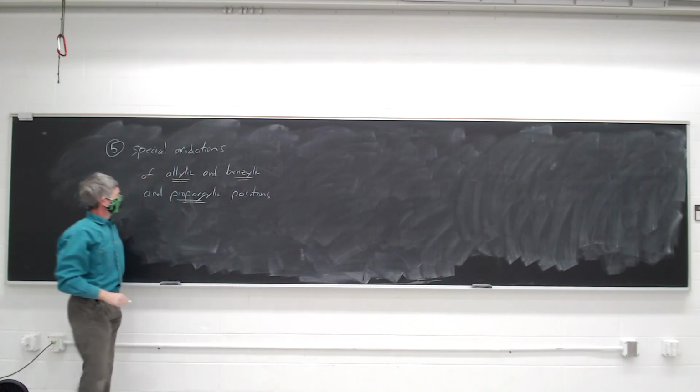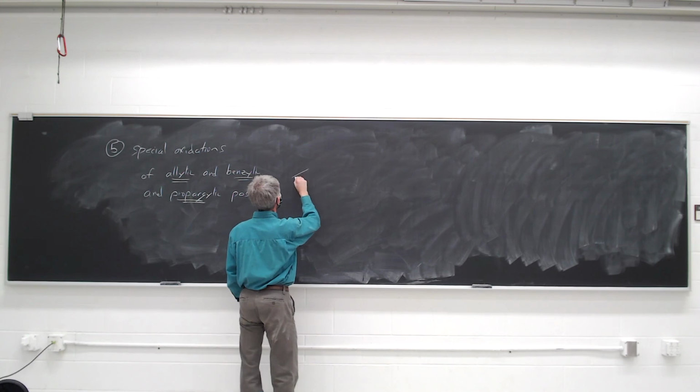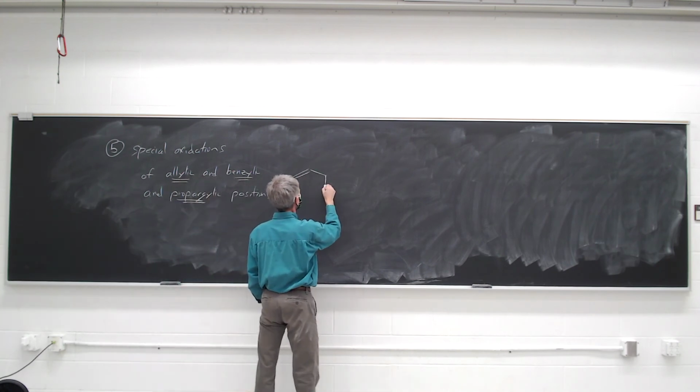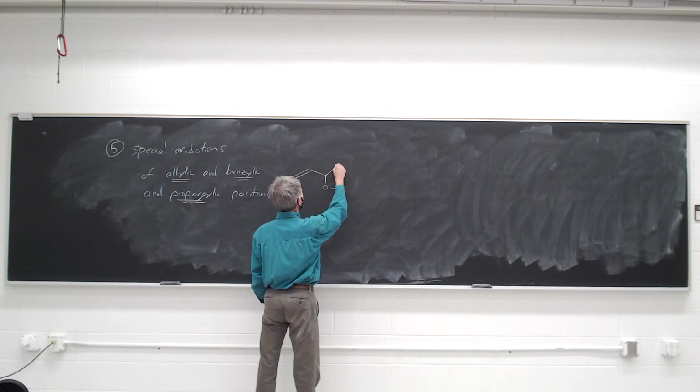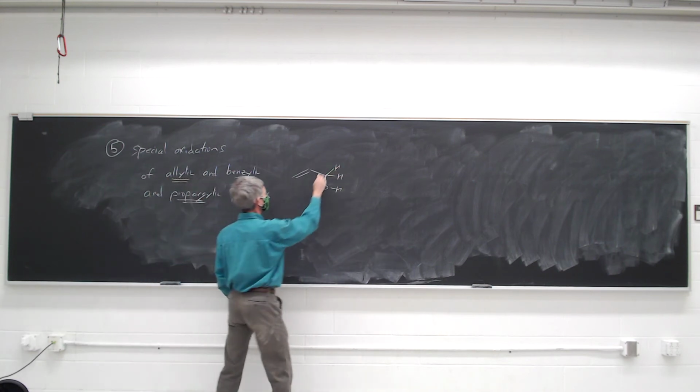So we have to know what these mean. The allylic position is adjacent to a carbon-carbon double bond. So this would be an allylic alcohol.